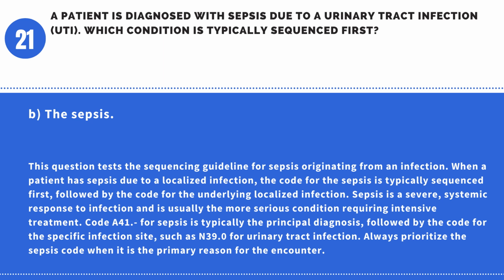Sepsis is a severe, systemic response to infection and is usually the more serious condition requiring intensive treatment. Code A41 for sepsis is typically the principal diagnosis, followed by the code for the specific infection site, such as N39.0 for urinary tract infection. Always prioritize the sepsis code when it is the primary reason for the encounter.